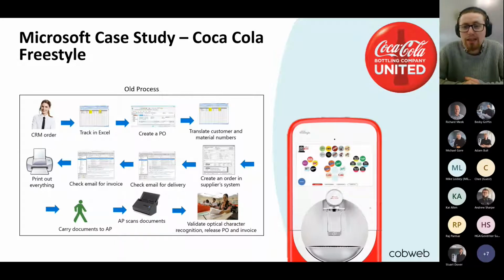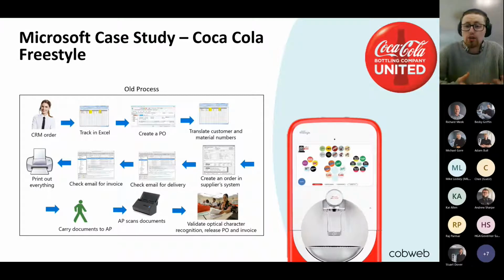The supplier, customer, and material numbers all then had to be cross-referenced with the internal SAP system. And then the order needed to be created in the supplier system. So as you can see, there is a significant amount of steps that need to be completed for just this single machine to get stock replenished.